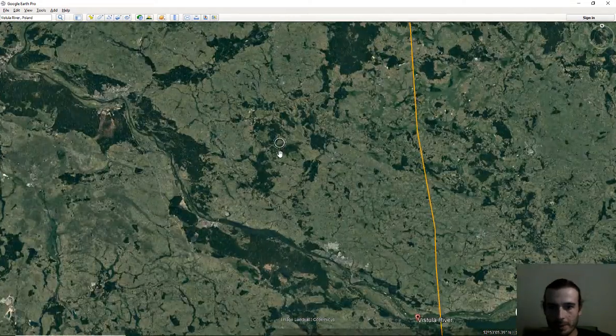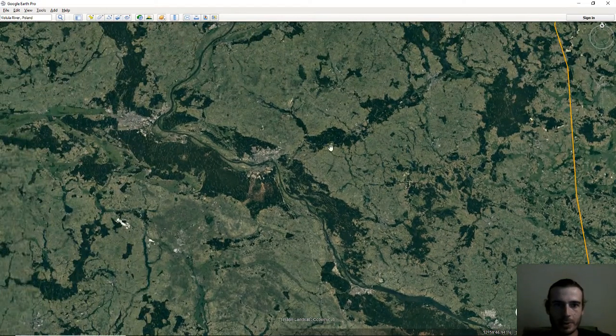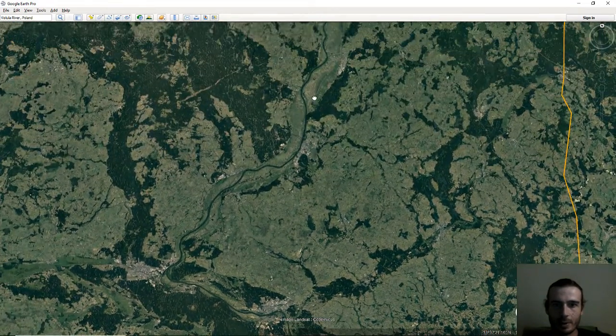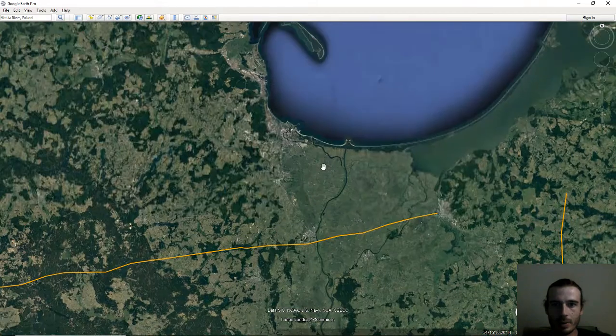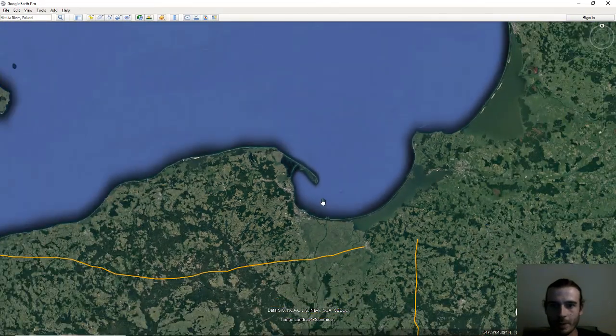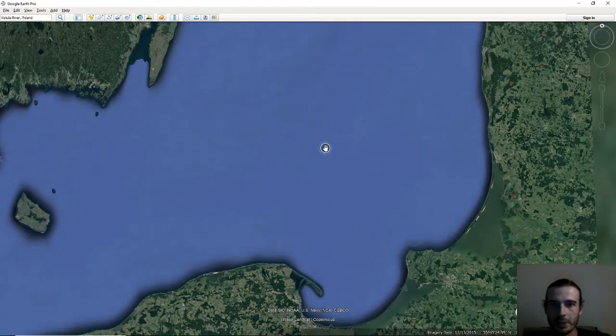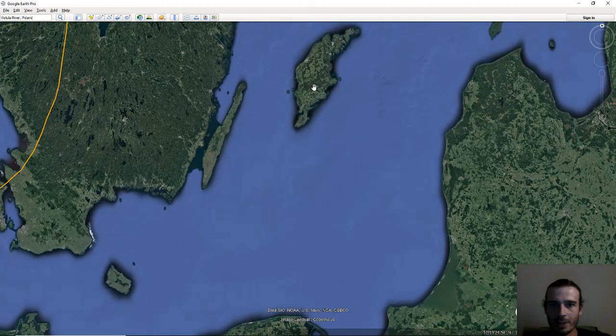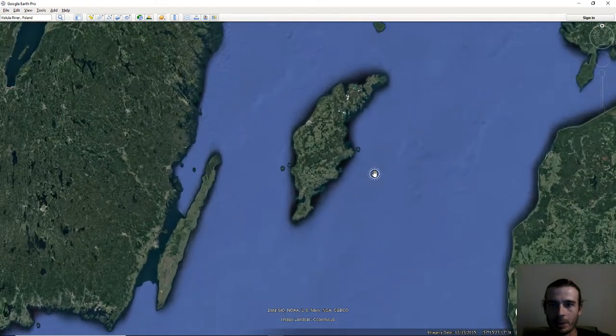So if you follow this Vistula River upwards to the mouth, here's the mouth. So if you go north from here, there's an island, which could possibly be here, or it could be this one.